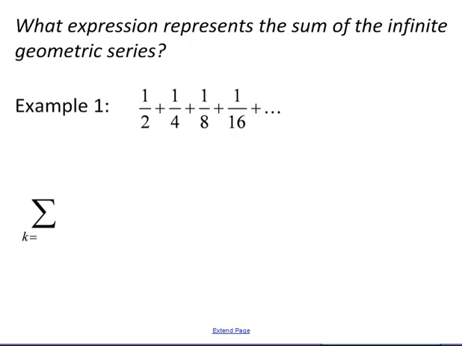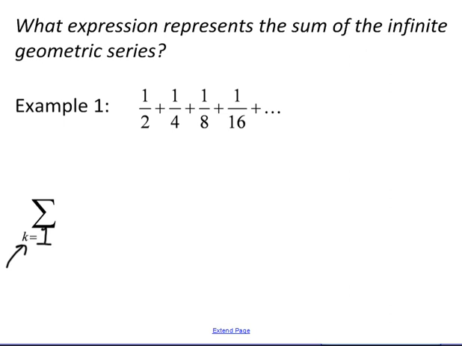All right, so let's do an example. What expression represents the sum of the infinite geometric series? So notice I have my little sigma notation, and what I'm going to do is start with k, and that k always starts with 1.